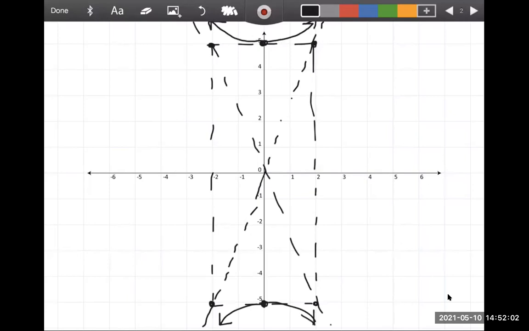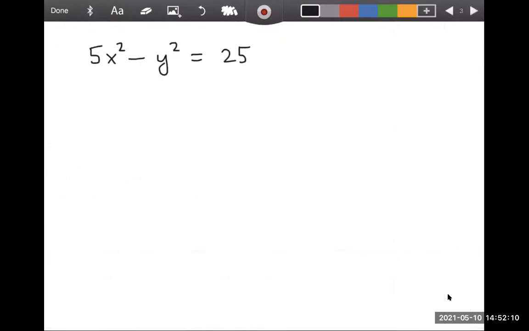All right. So let's go ahead and look at the next example. I won't bother going back to the PowerPoint for this. The next example is 5x squared minus y squared equals 25. So just like in the last example, we want to make sure we get 1 on the right-hand side. So I'm going to divide everybody by 25.